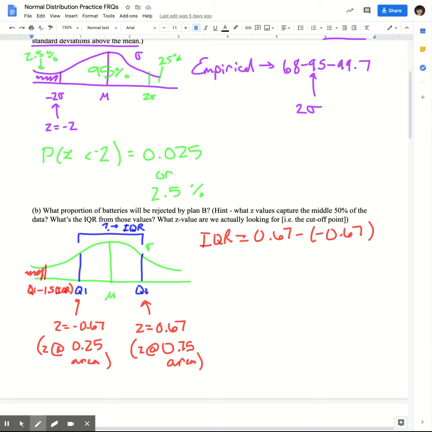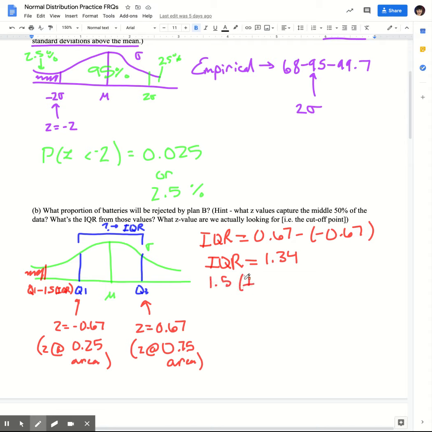Because even if they told me the mean and the standard deviation, when I would do this, I would convert it to Z-scores anyway, right? The proportion or the probability is not going to change whether you're dealing with your standard normal with Z-scores or another normal distribution that has X values and a different mean and standard deviation. Okay, so my IQR here is 1.34.